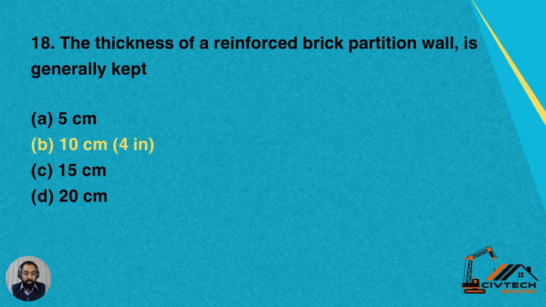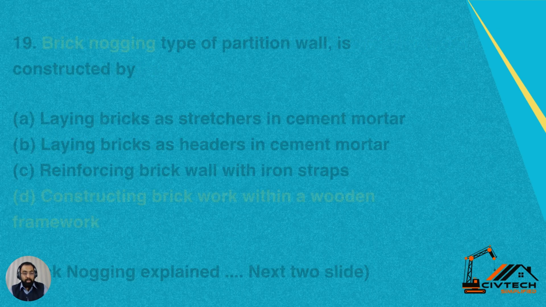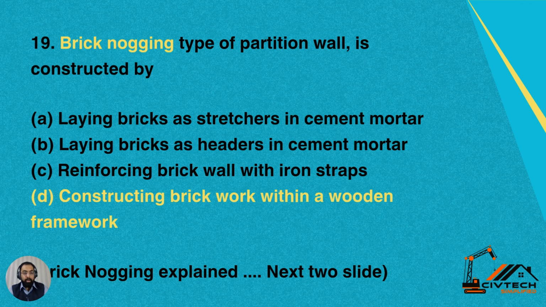Partition walls are those walls which are normally non-load bearing walls, normally given in the washrooms, in the toilets, or maybe some parda walls, etc. So for any non-load bearing wall, the minimum thickness should be: option A, 5 centimeter, option B, 10 centimeter, option C, 15 centimeter, option D, 20 centimeter. So it should be 10 centimeter, which is normally 4.5 inches.